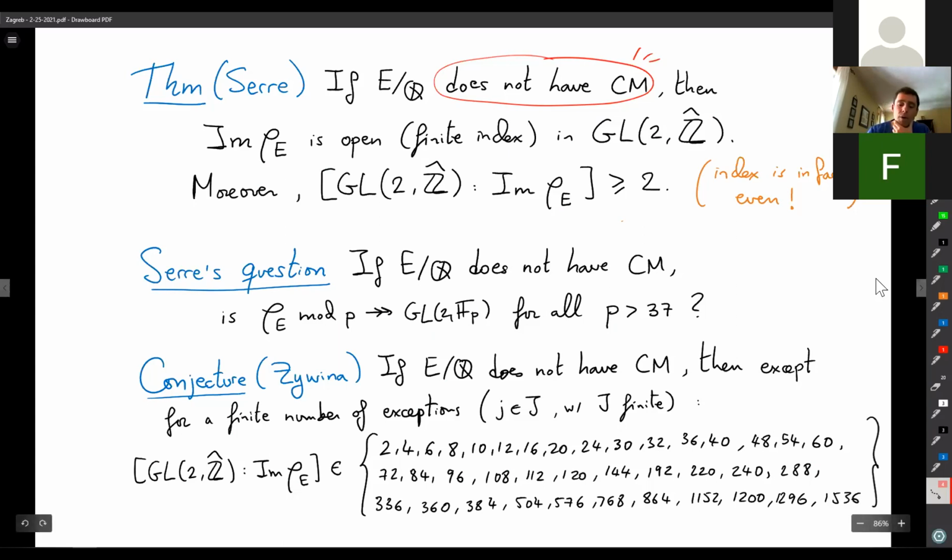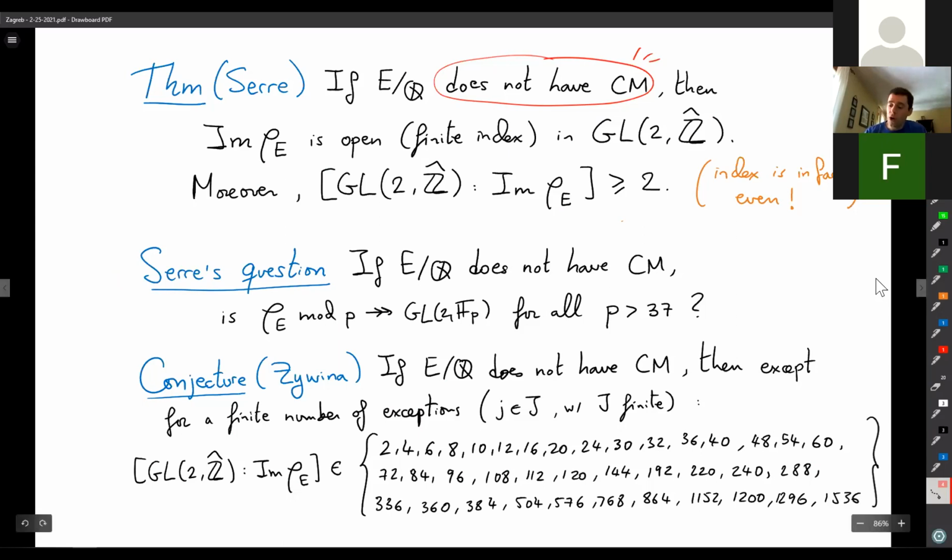In the same paper, Serre formulates what's known as Serre's question, or Serre's conjecture sometimes. Serre did not and does not agree to call it a conjecture, so we'll keep calling it a question for the time being. It is the following.